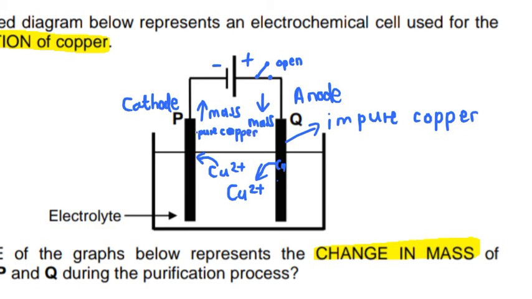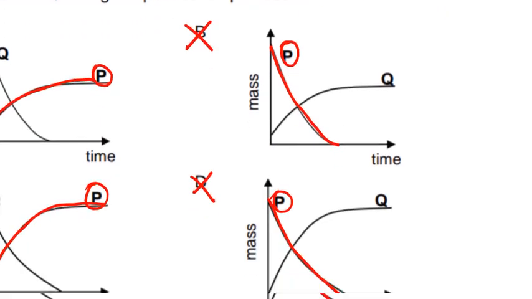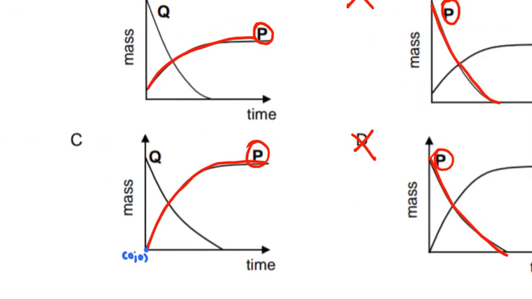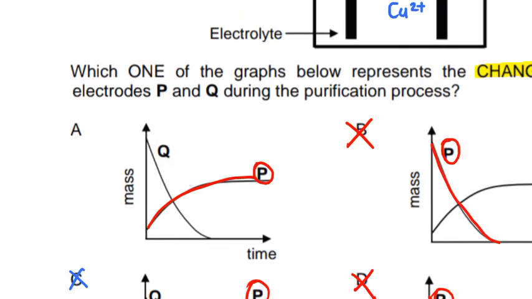This is an actual piece of pure copper. So at the beginning, electrode P actually has a mass, so that now disqualifies graph C. Graph C is out, and our answer is going to be graph A, which is telling us that at time 0 we have some mass. There's some initial mass of P, which is basically the mass of electrode P.